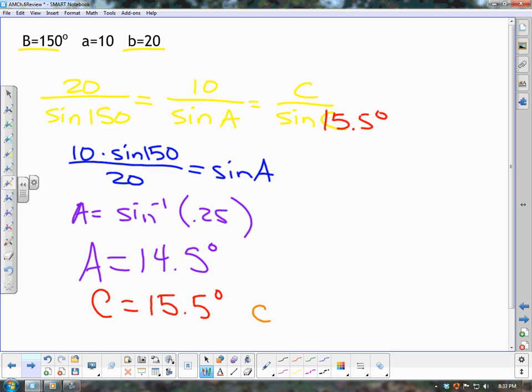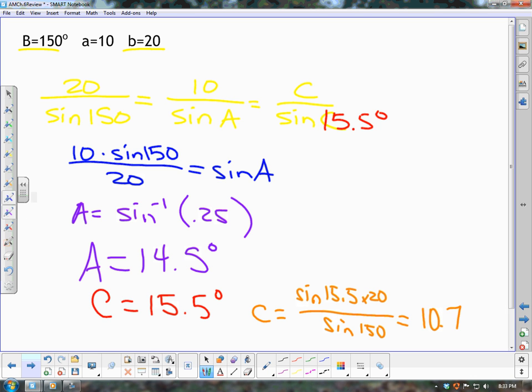So C then equals sine of 15.5 times 20 divided by sine of 150. And that will equal 10.7. And so side C is 10.7.